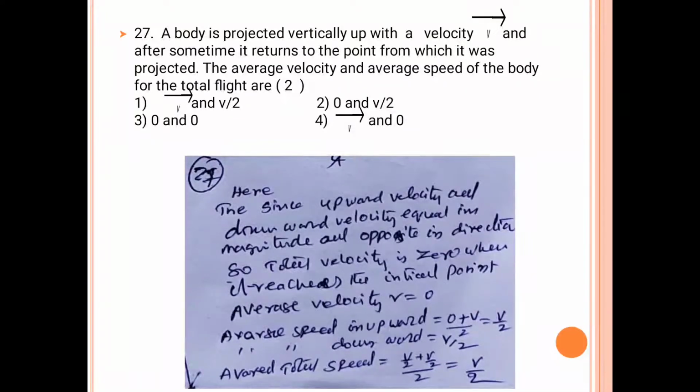Likewise, the starting velocity in downward is 0 and the final velocity will be u, so you get (0 + u)/2 = u/2. Then the average is (u/2 + u/2)/2 = u/2. That's why you can conclude that the average velocity will be 0 and the average speed will be u/2. This is the thing.